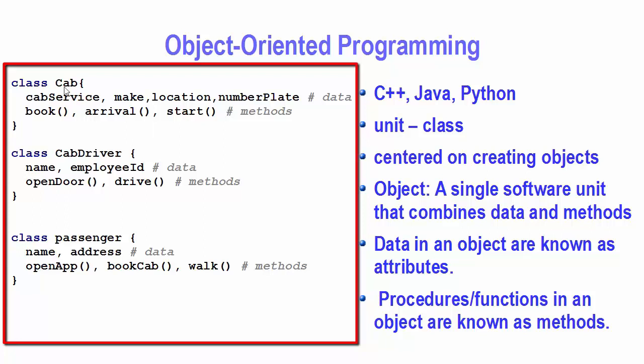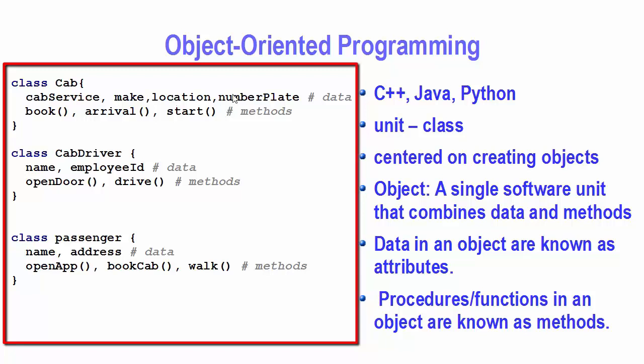For example, for our cab class, what attributes can this cab class have? For example, a cab service: which cab service we want to take. What is the make of the cab? Is it a Toyota or a BMW or a Volkswagen? At which location is this cab right now?